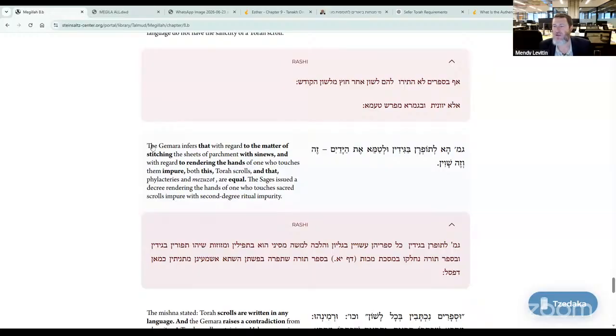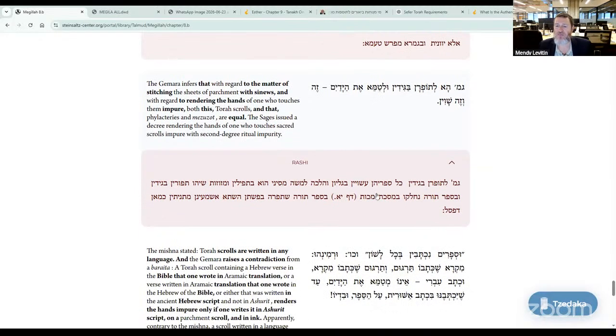We learned before that Kisvei Kodesh, things of holiness, make the hands impure, because we didn't want people to touch the Sfarim and then touch Truma, right? So they're all equal. The Gemara says, "Ltayfer megidin kol sifrei masuim begilyon v'alachal meishim sinai betfilin umezuzos sheyeh tfurim begidin." So here Rashi says a chiddush.